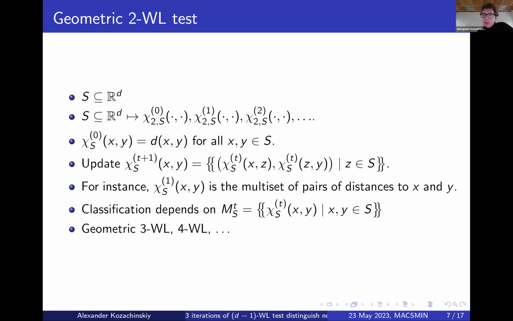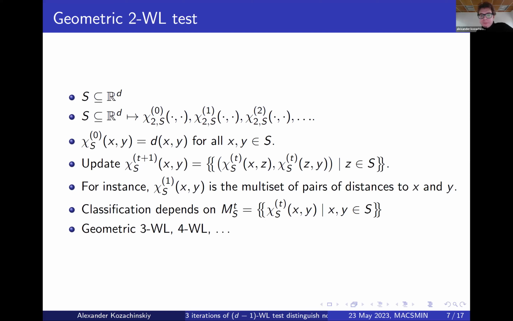And now in the beginning, the initial labeling of a pair is just the distance between the points. And the update now doesn't involve distances because they can already be deduced from the initial. And the update works as follows.